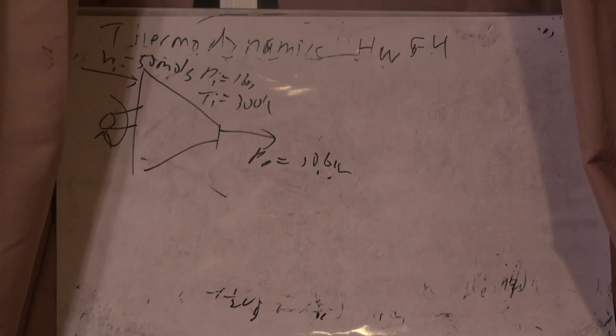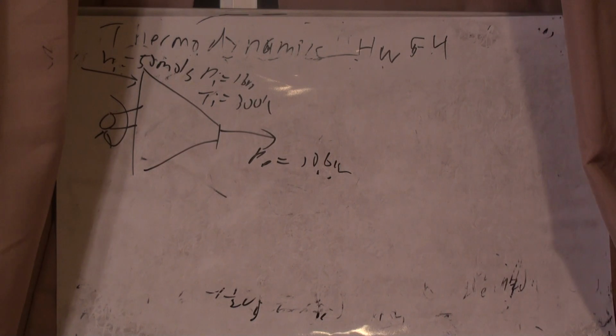So the minimum power would be, well, I'm not sure what the minimum power would be. I have to do an analysis. It's going to be one or two cases. Either the minimum power is associated with adiabatic, or the minimum power is associated with isothermal.